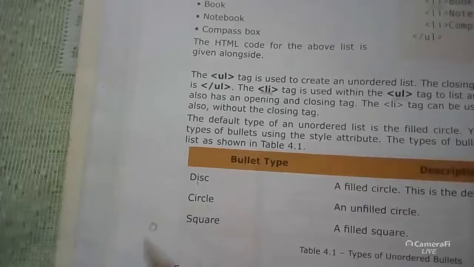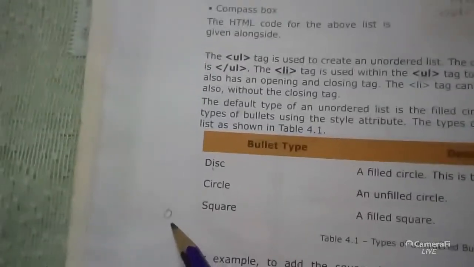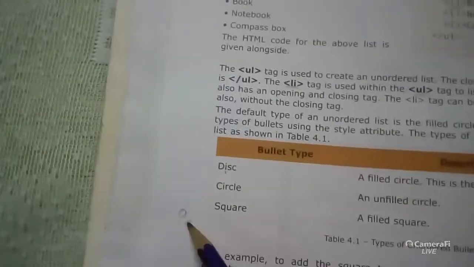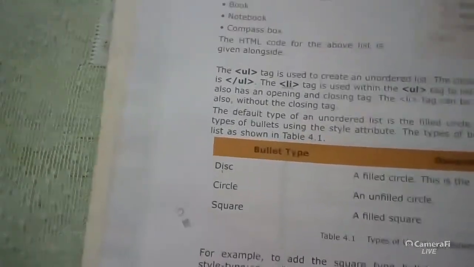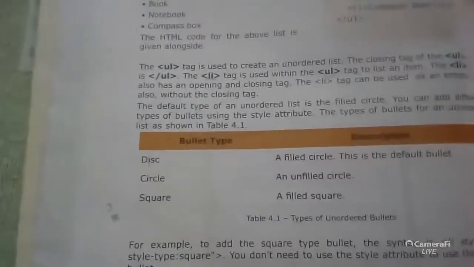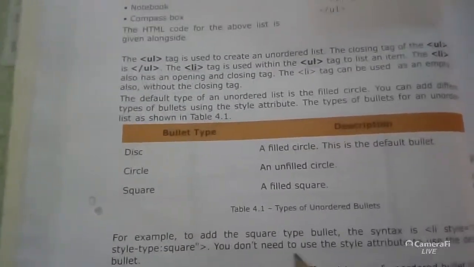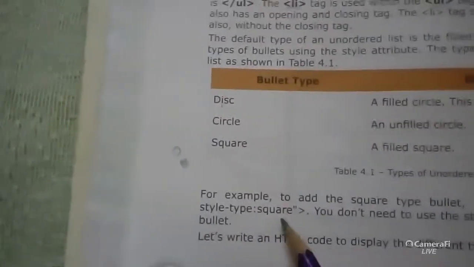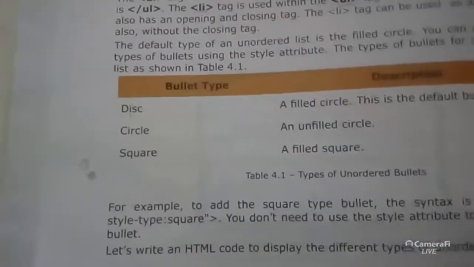Then circle, this is unfilled, that means round. And square, this type of filled square. So 3 types of unordered list we can use here. For example, to add the square type bullet, the syntax will be li style equal to list-style-type colon square. See, it is a very long tag.